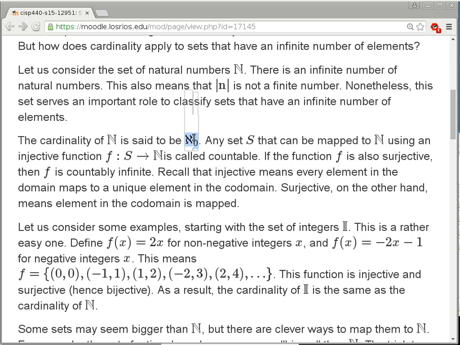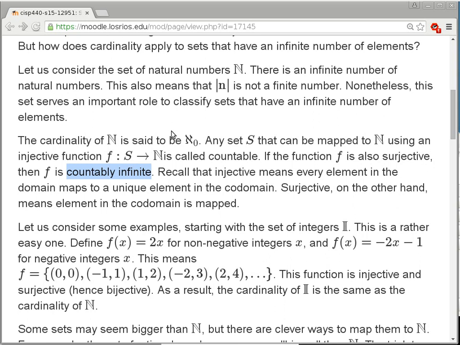If you can find a bijective function that maps another infinite set into the set of all natural numbers, then the name for this is countably infinite if f is bijective. If it is only injective, it is just called countable.